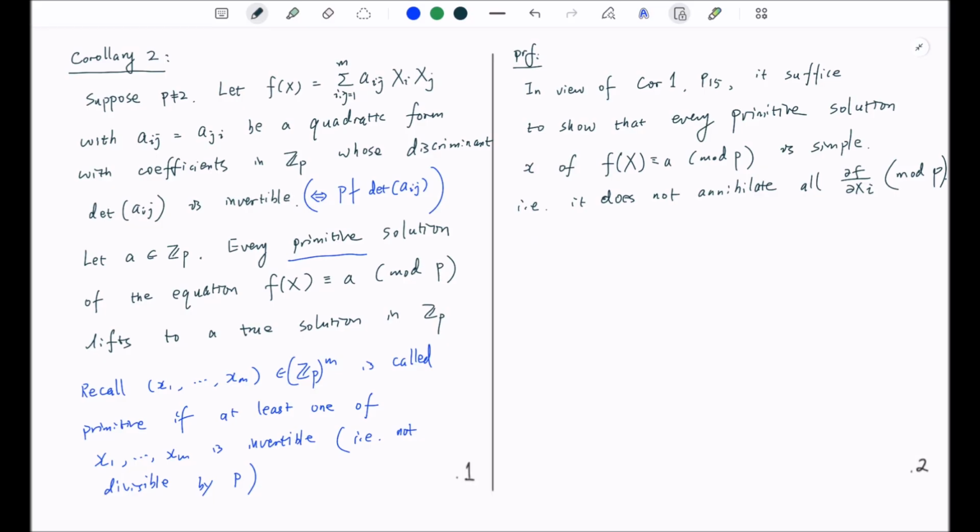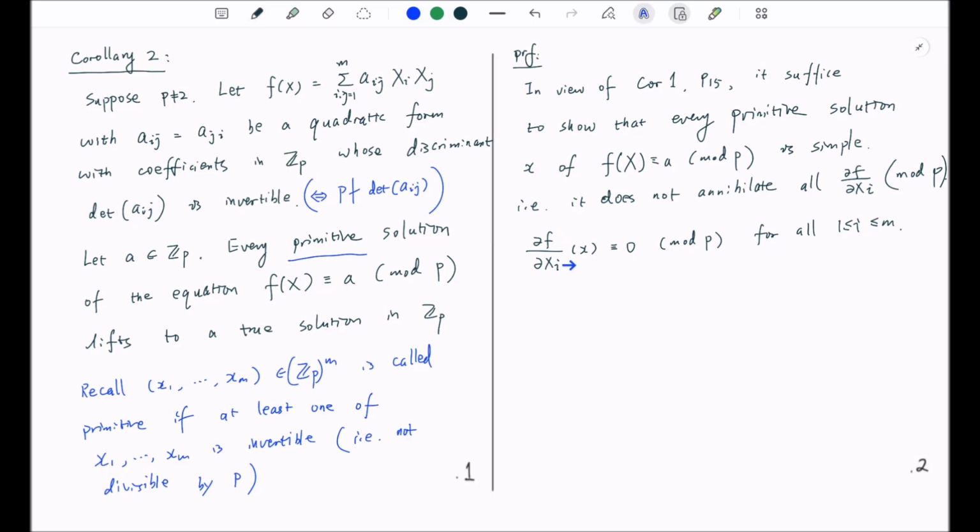That means df by dxi at the root is indeed congruent to 0 modulo p for all i from 1 to m.